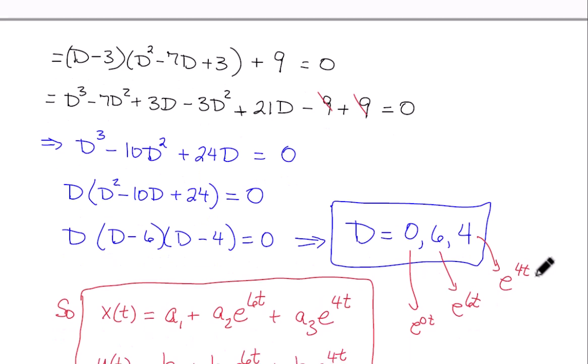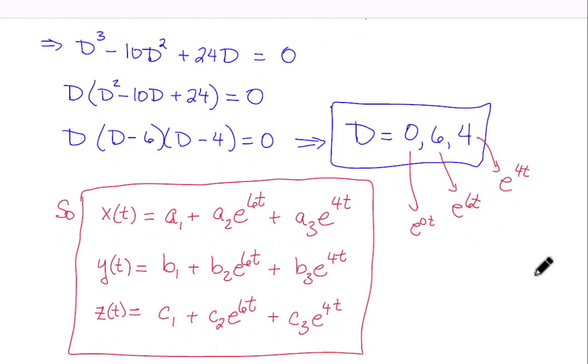So the good news is we now know what x, y, and z must look like. That's the good news. The bad news is I now need to understand how B1, B2, B3, C1, C2, C3 all depend on the A's. That takes time.